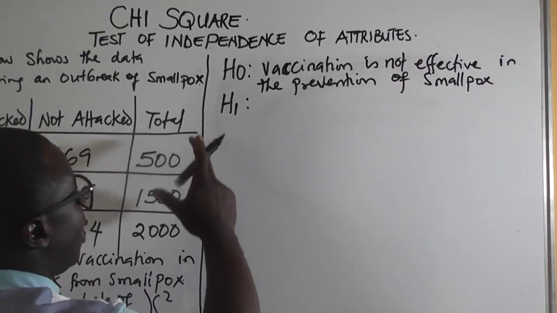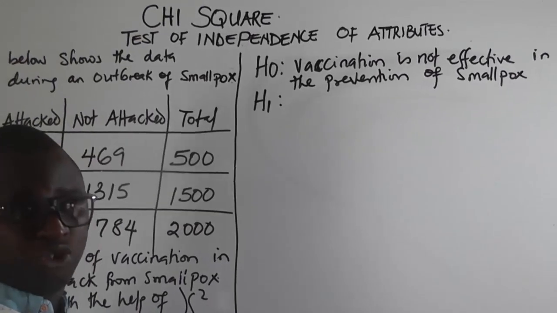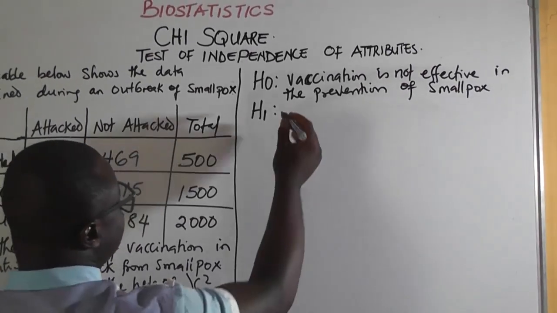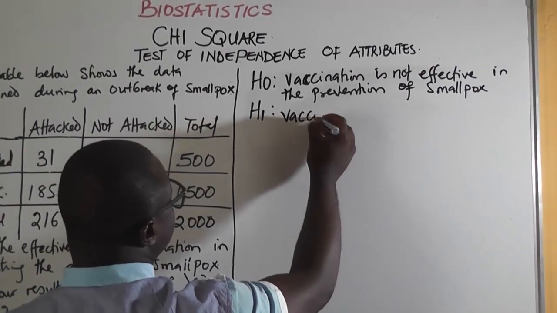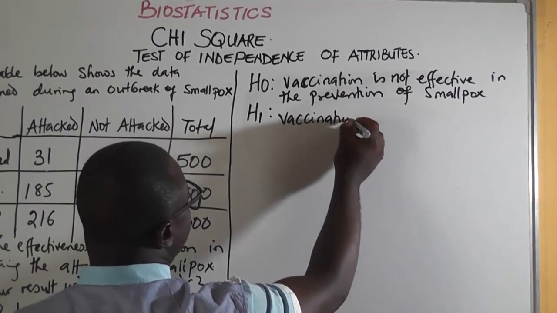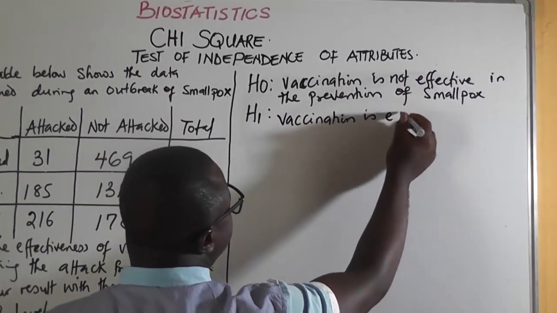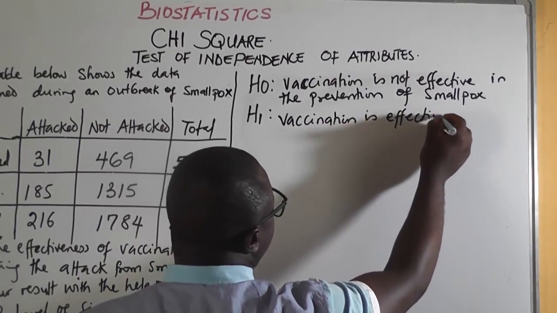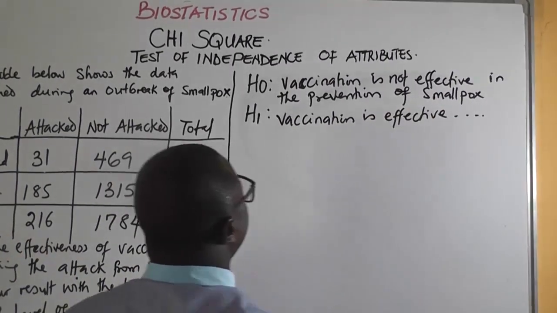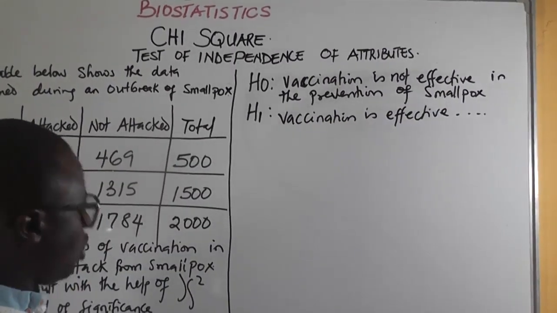Obviously our alternate hypothesis will be the opposite. So vaccination here now will be what? Vaccination here is effective in the prevention of smallpox.